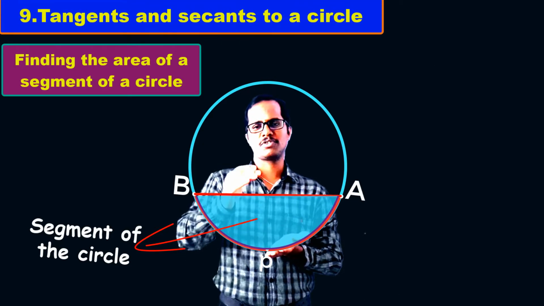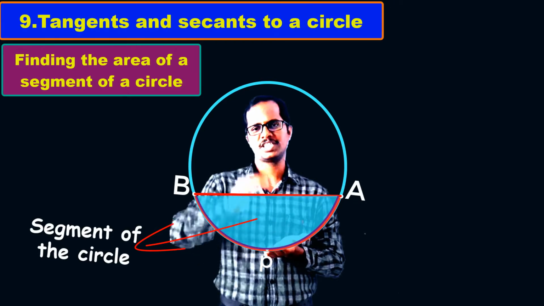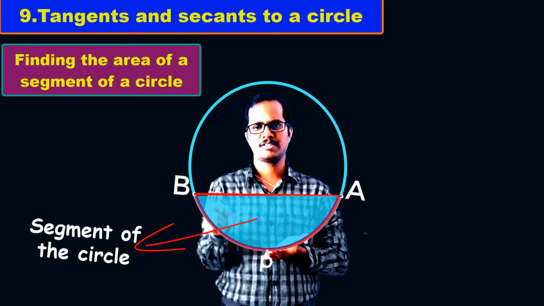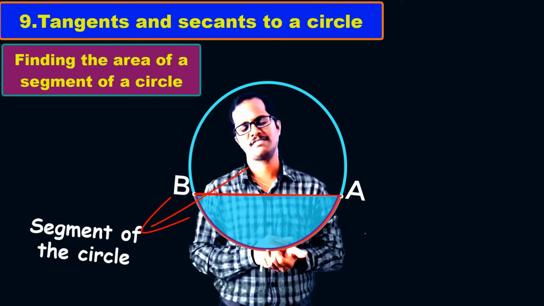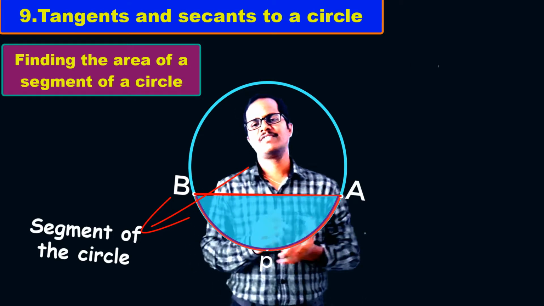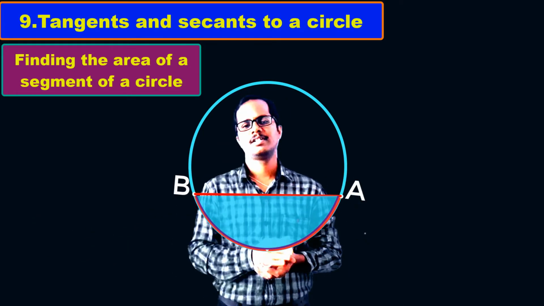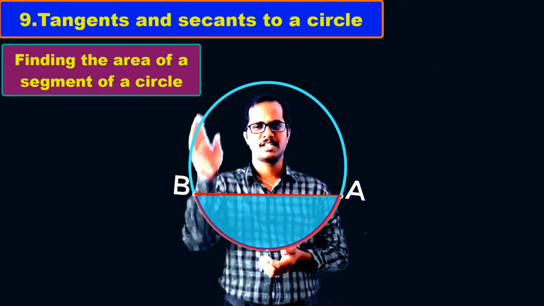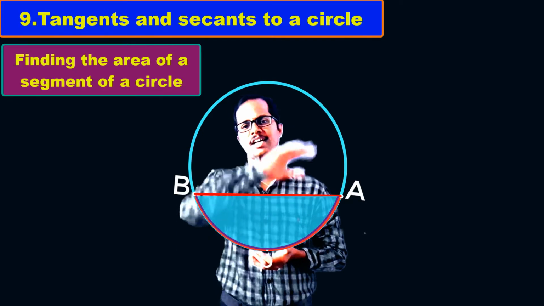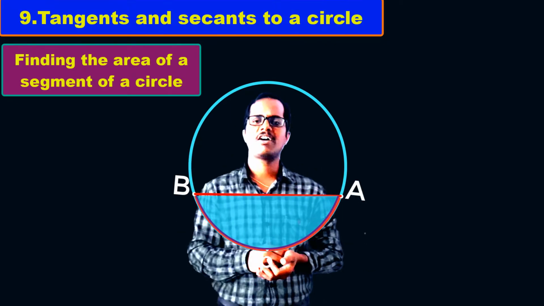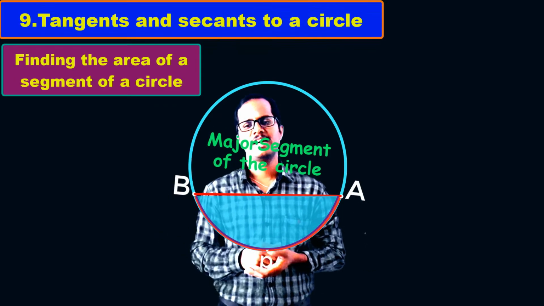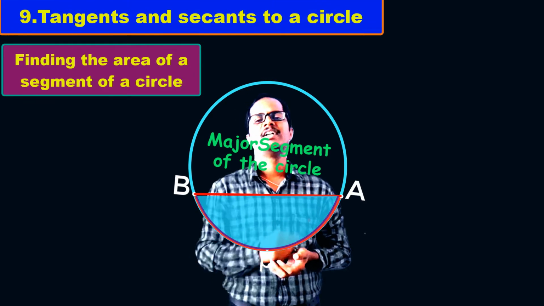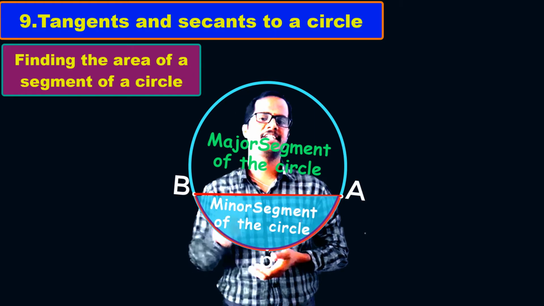Now the remaining portion above this shaded part is also a segment of the circle. But if we compare these two parts, the area of the shaded portion is smaller than the area of the unshaded portion. This unshaded segment is called the major segment, and this shaded portion is called the minor segment.